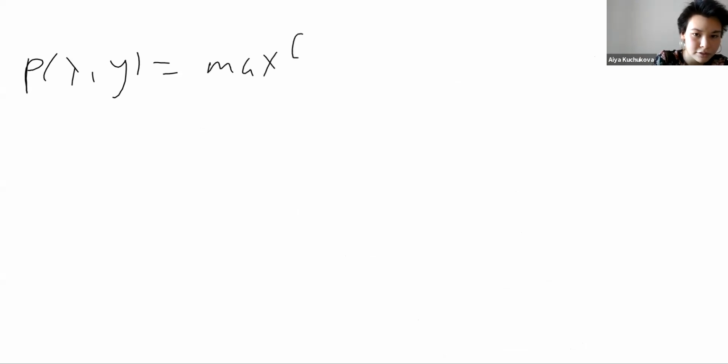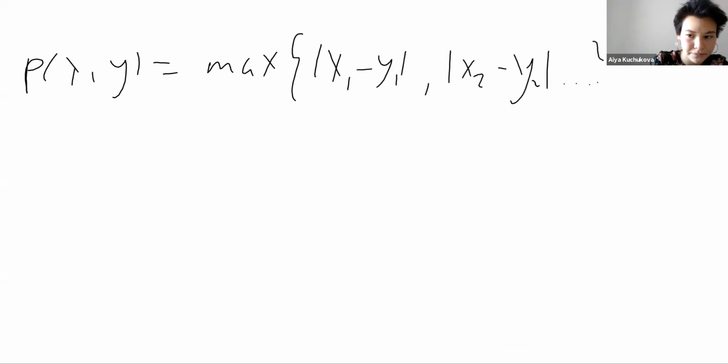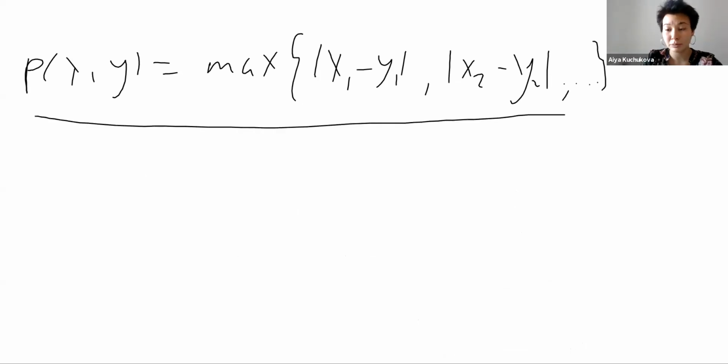So I'll write the definition again so you don't forget it. Maximum of x1 minus y1, x2 minus y2, and so on. Right? So that's how we define it. We have to prove 3 properties of a metric.